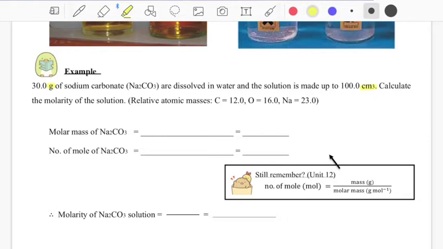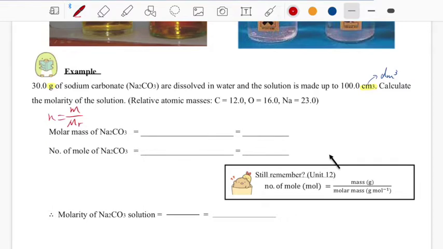And the volume is given in cm cube, so we must convert it into dm cube. Remember in unit 12 we learned that when we divide the mass by the molar mass, we get the number of mole.